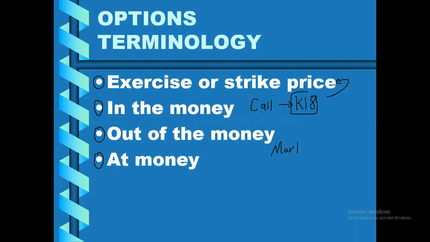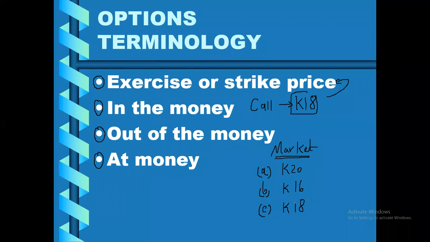So we go to the market. Scenario A, the currency now has moved to 20 kwacha. Scenario B, the currency has dropped to 16 kwacha. Scenario C, the currency is at 18 kwacha.